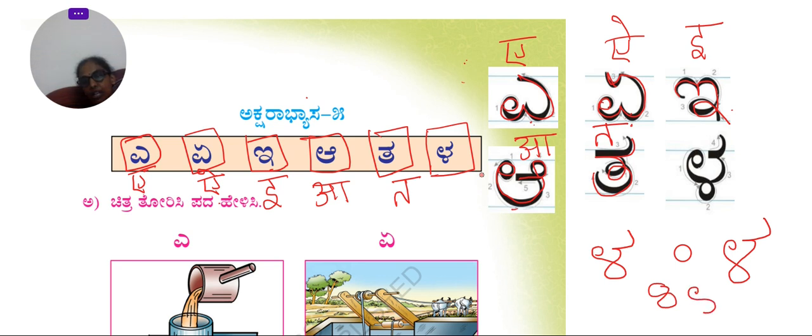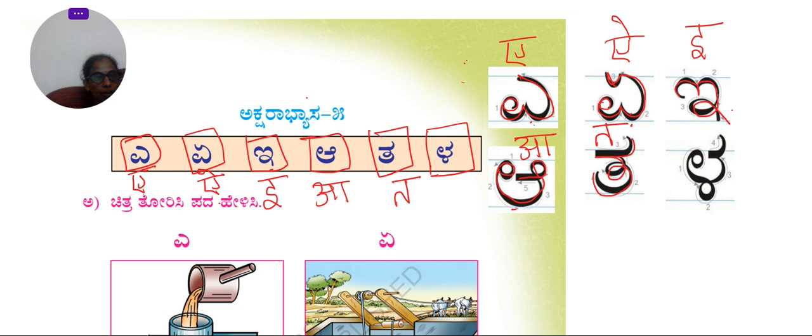But for La, don't join. You just do this and put the talakattu. Let's do it tracing the arrows. Start, then come down. 1, 2, 3 and 4. So this is La.